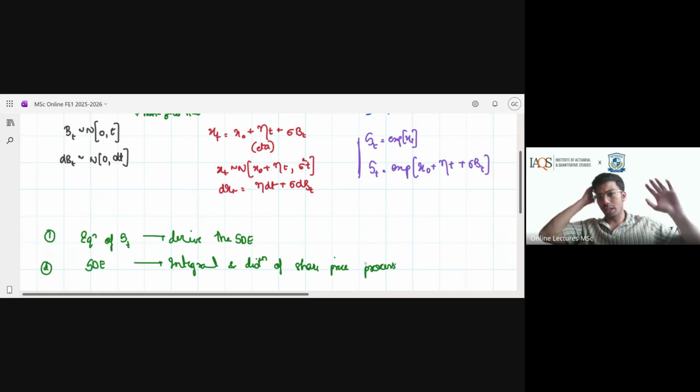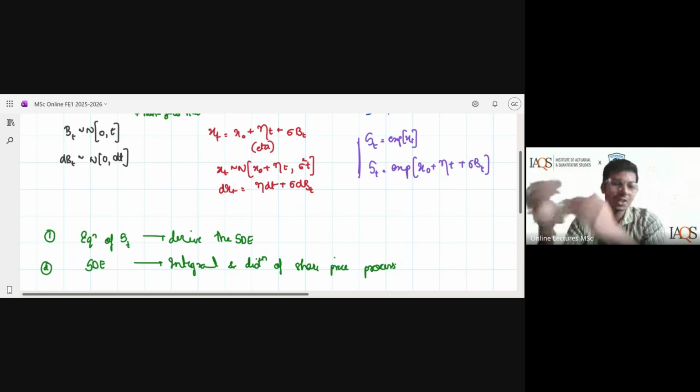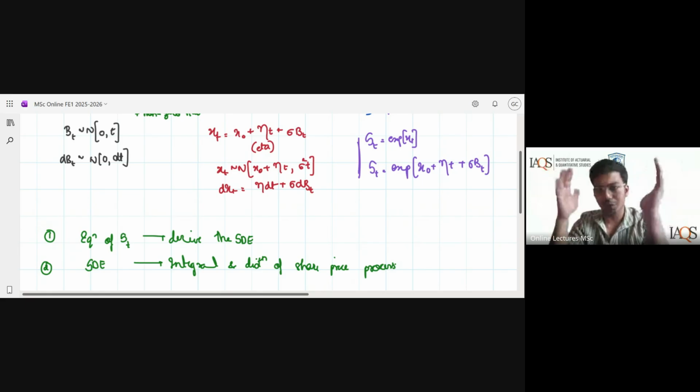These are the two parts to the derivation. First, I know what the equation of St is, what the equation of geometric Brownian motion is. I'll derive the SDE form based on that equation, and then from the SDE, I'll derive my integral or the process form and the distribution form. Comfortable till here? Let's do the first part.